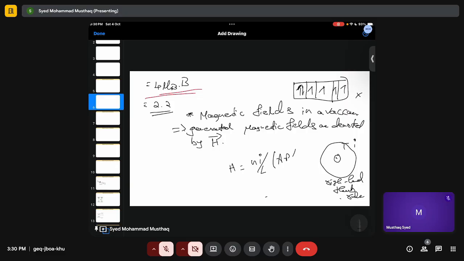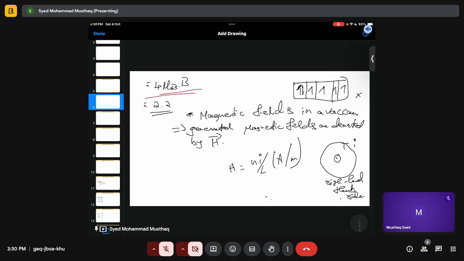Okay. So my H is ampere per meter. That is my unit. That's it.